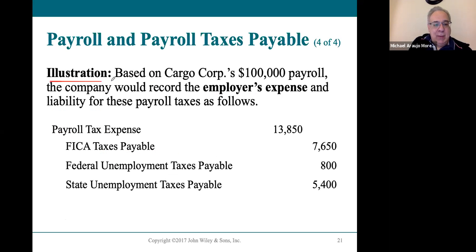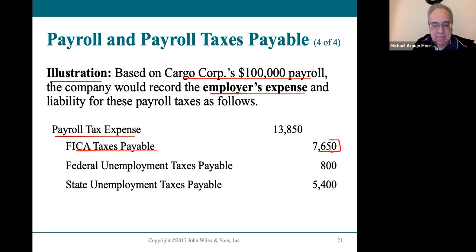So how that would work on an illustration, we're still talking about Cargo Corp's payroll. Okay, that $100,000 payroll that we went through, you saw all those different payables. But what you don't see is the other entry they do for the employer's expenses. They will have a payroll tax expense of $13,850, which can consist of their match for the FICA. They're matching exactly what the employees put in.